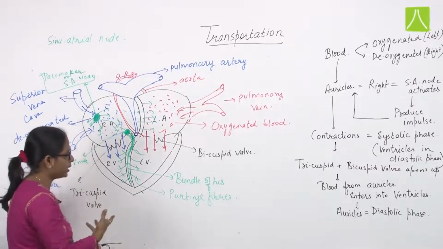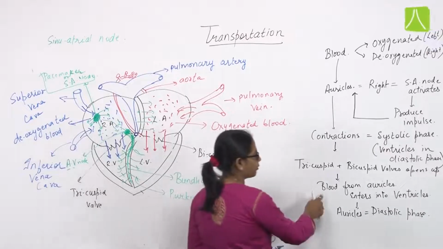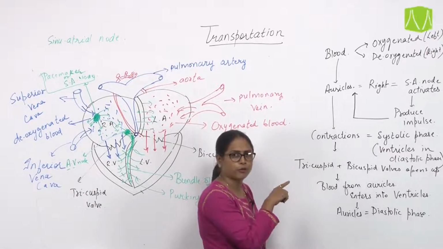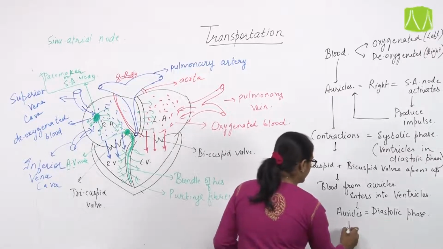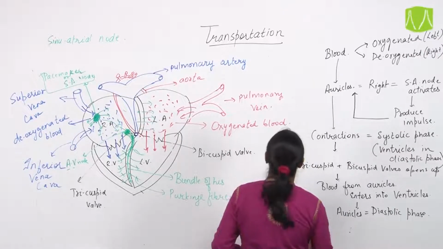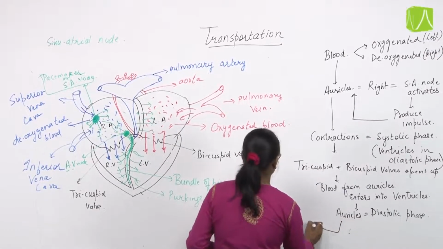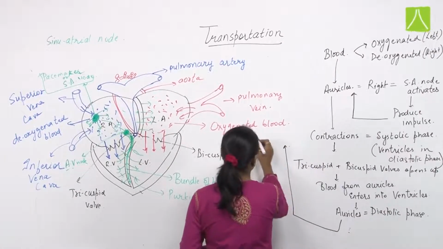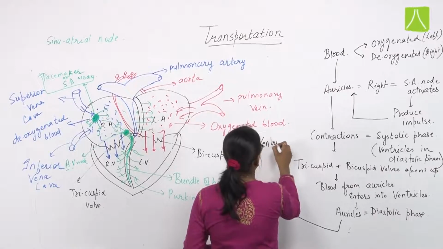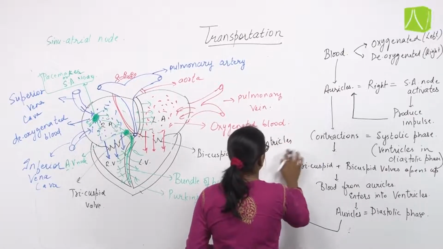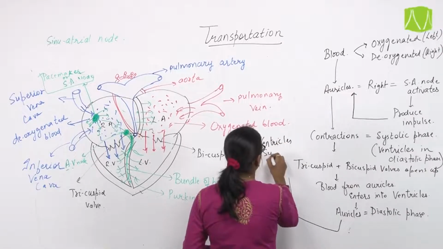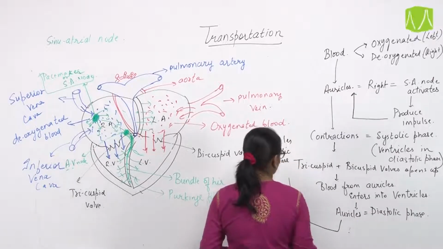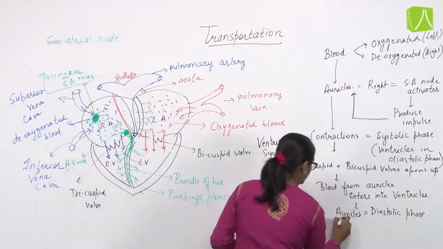So what is happening here? When the blood from the auricle enters into the ventricle, the auricles enter the diastolic phase, but the ventricles enter their systolic phase.